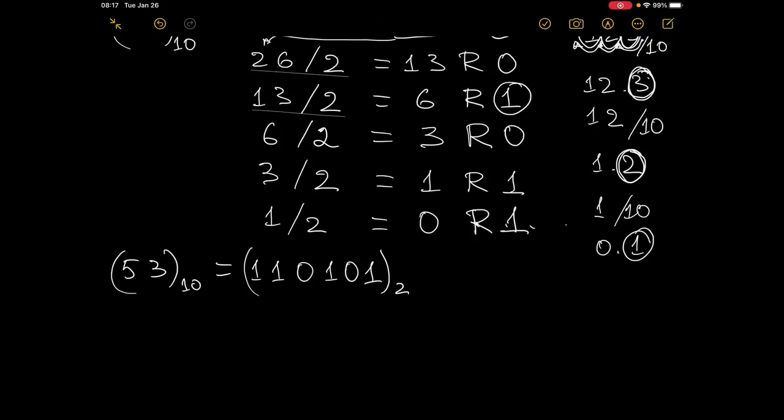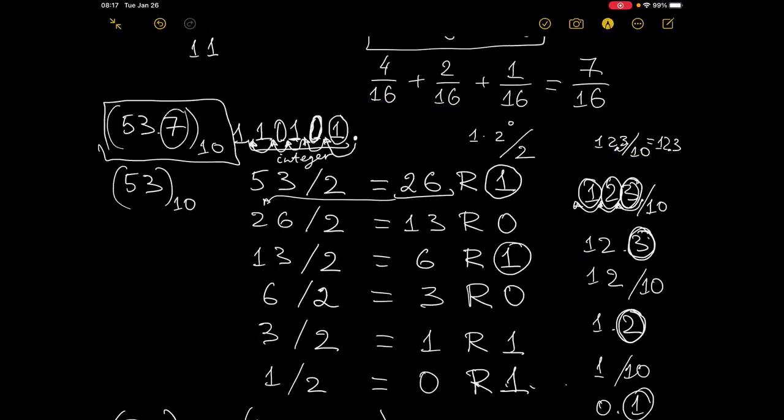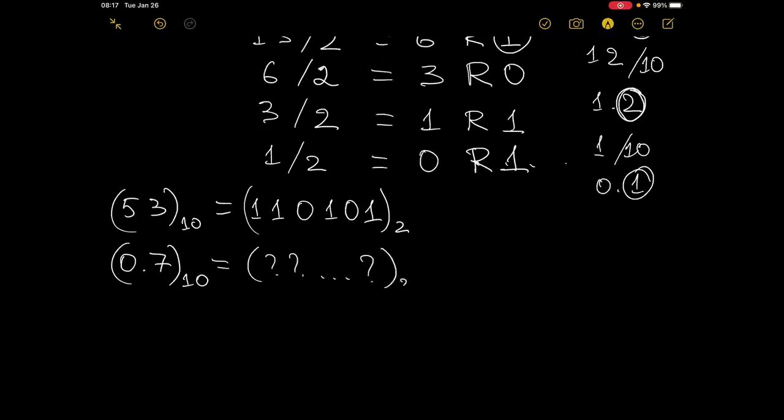Okay, perfect. Now, because I want to convert this number 53.7, I need to work with the fractional part. Because it's a fractional part, I know that there will be a radix in front.